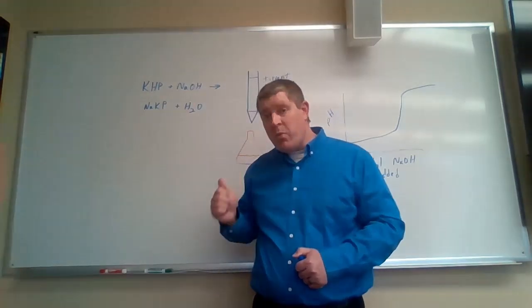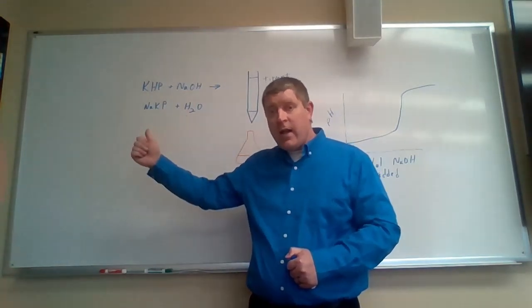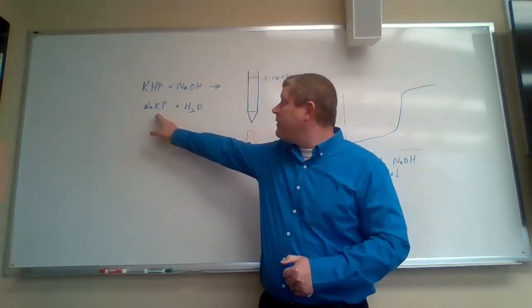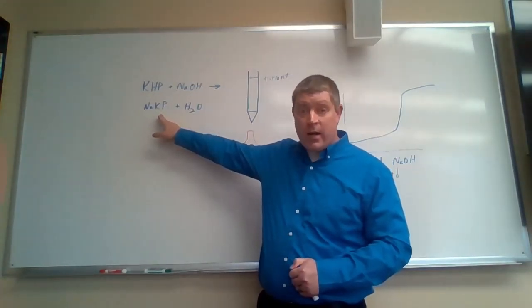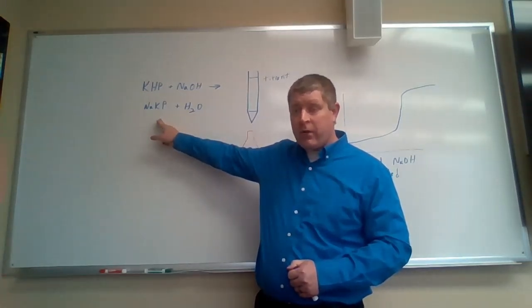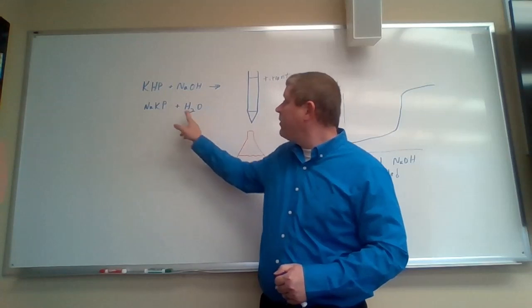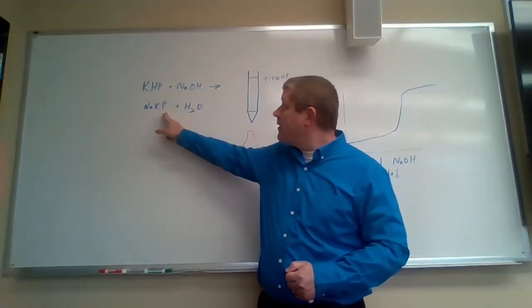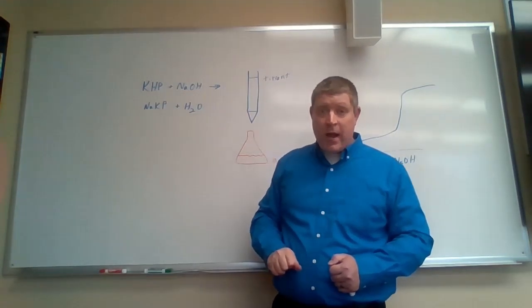That means that it's a weak acid, and a weak acid has a conjugate base that is also weak. That means that this base, this phthalate ion, is also going to be a weak base. So we have a weak base and we have water. That's going to be neutral. That means that we're going to have a basic solution at the equivalence point.